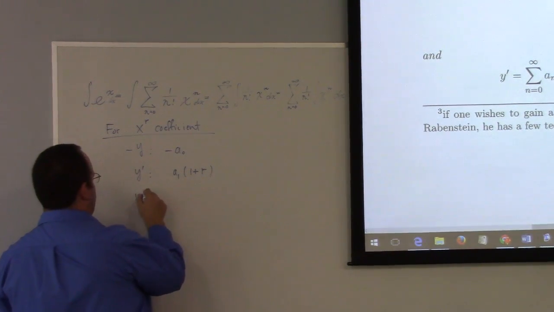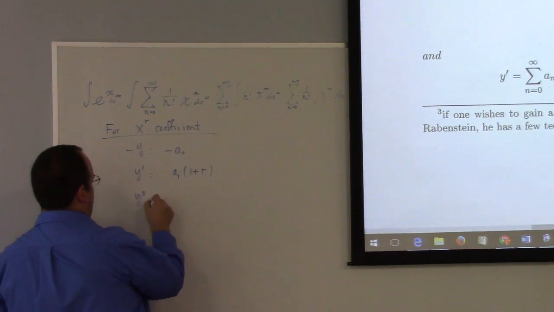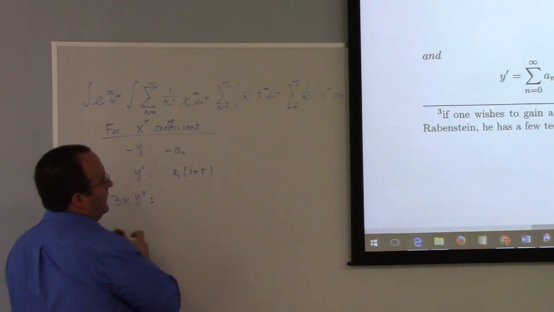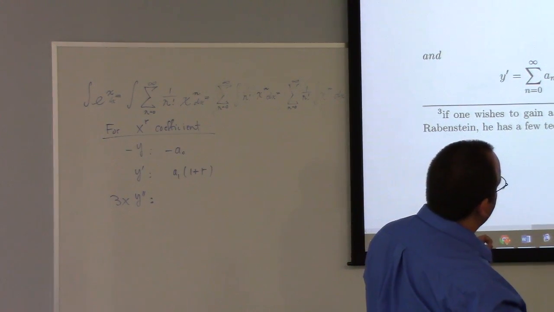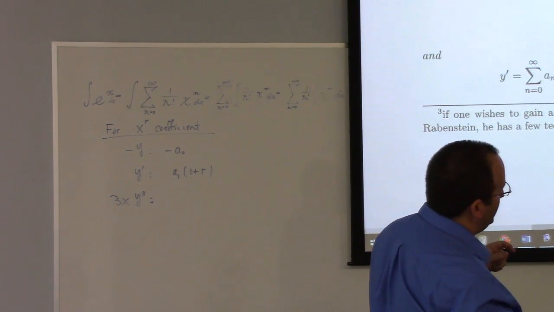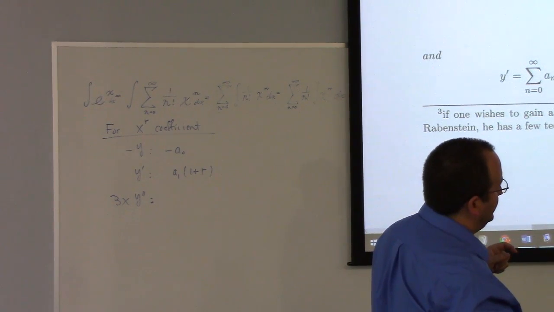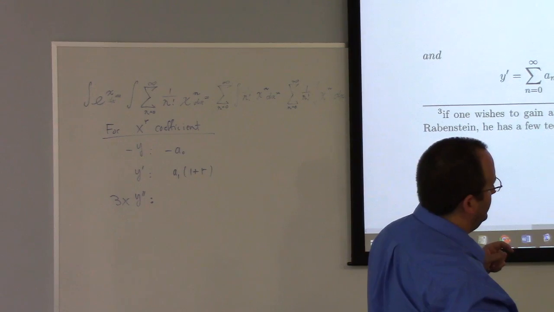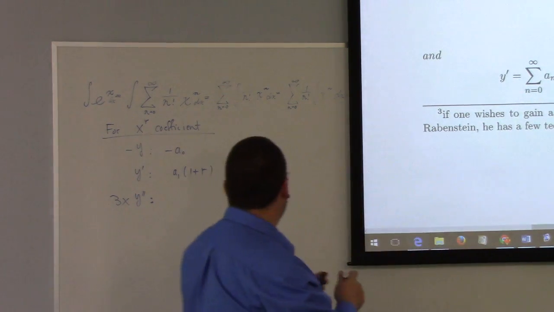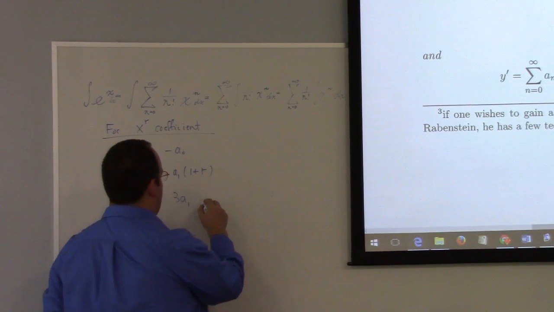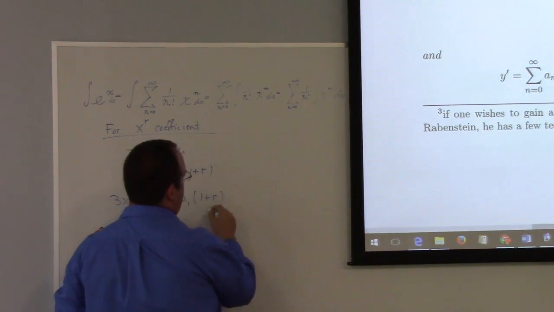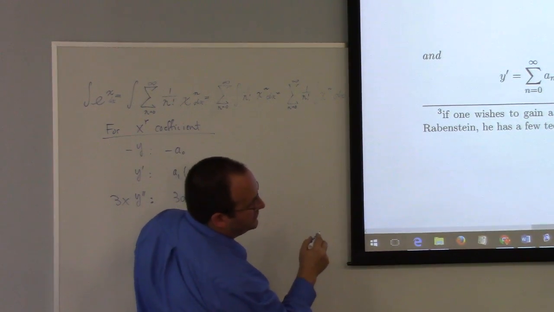All right, so what's producing an x to the r term in this 3x y prime prime term? We put n equals 1 again, right? And then what? So you guys tell me, what is it? 3a1 times 1 plus r times r.